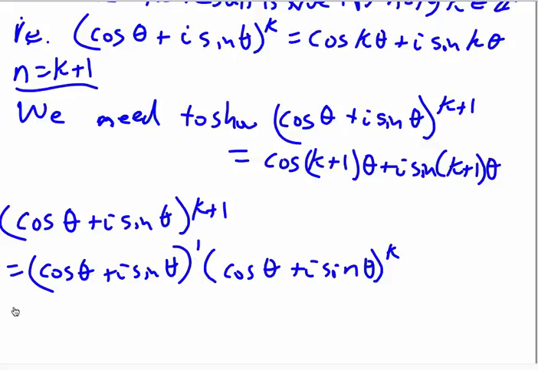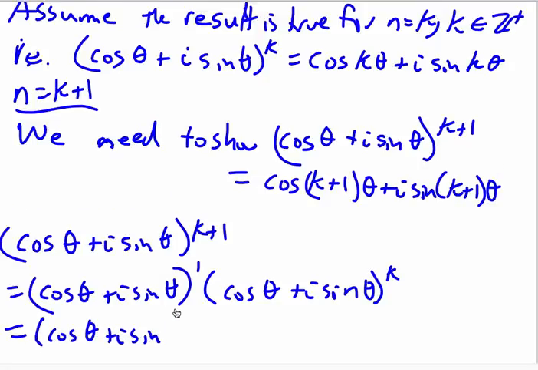We know what the second factor is equal to by our assumption, so this is (cos θ + i sin θ) times (cos kθ + i sin kθ).